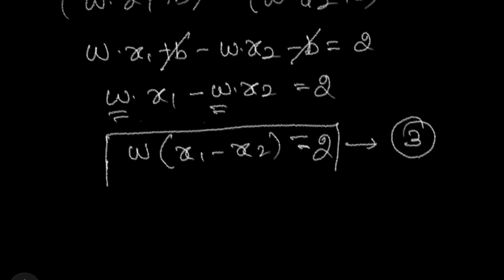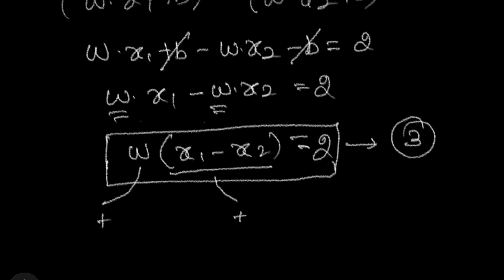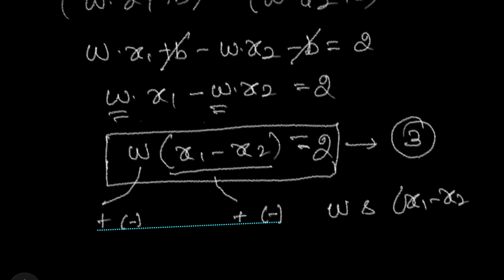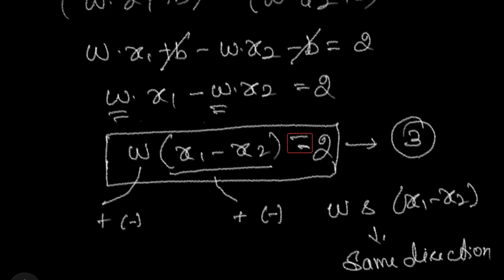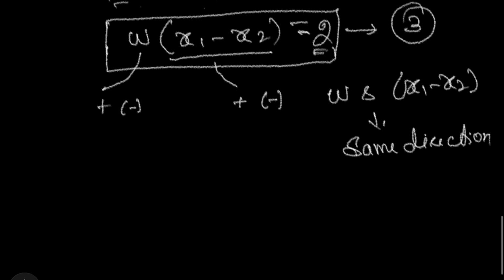In this equation 3, this mathematically tells us that W and x1 minus x2 are both positive, right? If W is negative, then x1 minus x2 will also be negative. So it concludes that W and x1 minus x2 are moving in the same direction, and that's why we are getting a positive value here.